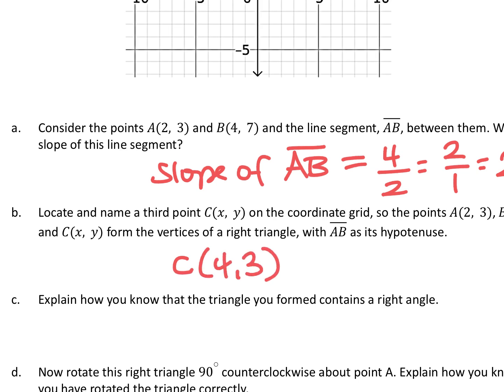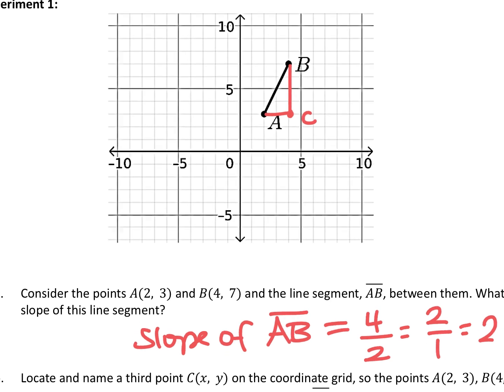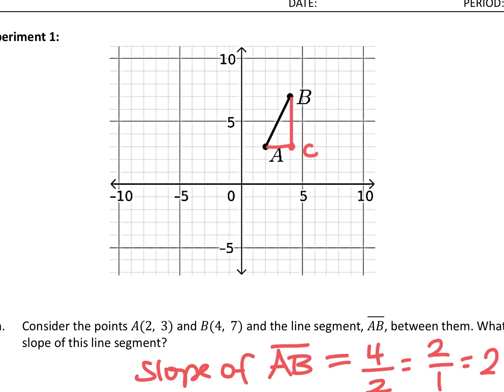Okay. Now, how do I know that the triangle that I just created is actually a right triangle? So we look at it, and we just read a fundamental idea about right angles, about perpendicular lines. We just read on page 15 that horizontal and vertical lines are perpendicular, and we just created a horizontal and vertical line.